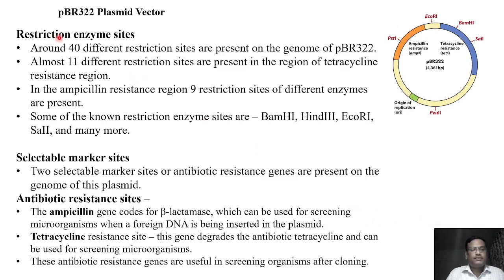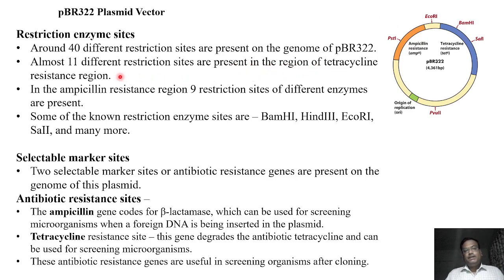Restriction enzyme sites. To continue with the study of PBR322, it has around 40 different restriction sites. It's a very high number of restriction sites, and that makes it a very useful vector. Almost 11 different restriction sites are present in the region of the tetracycline resistance gene.